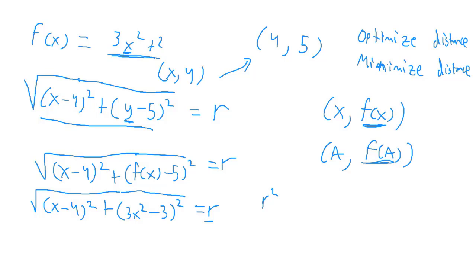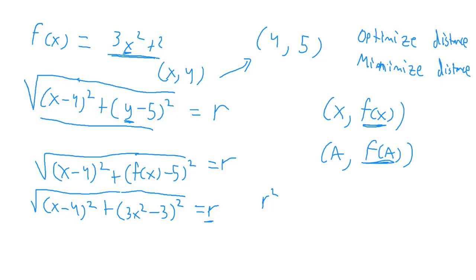Optimizing the distance is the same thing as optimizing the distance squared. Whatever value has the shortest distance also has the shortest distance squared, because all of our r's are positive; we can only have positive distances.